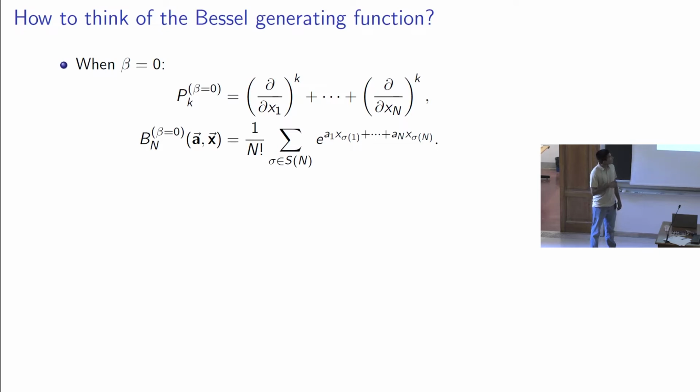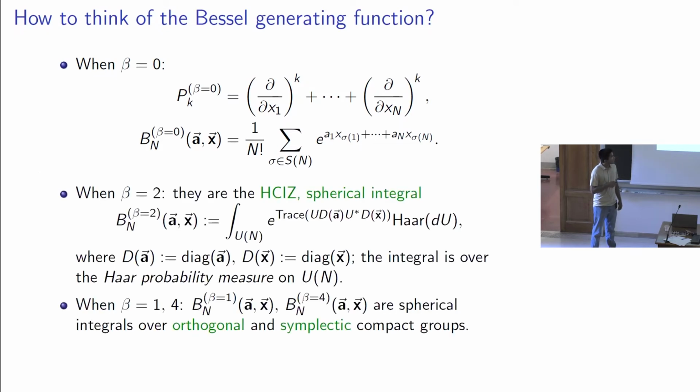So you can think of this multivariate Bessel function as a deformation of the exponential, which happens when beta is equal to 0. Okay, so another case that's more interesting is what happens when beta is equal to 2. So there's this thing called the Harish-Chandra integral, or also spherical integral, which is the following.